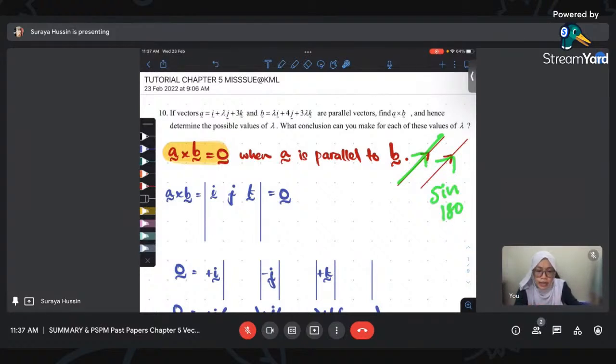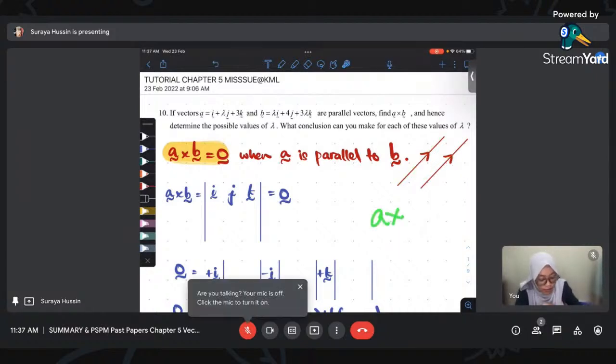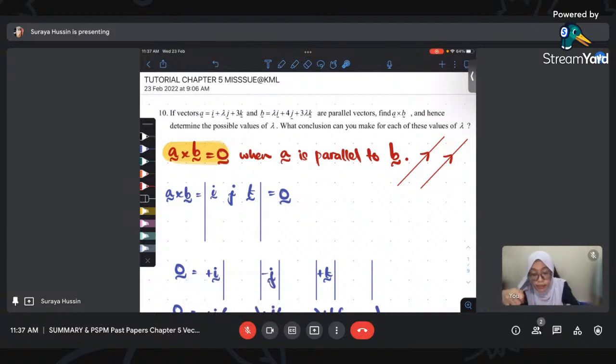Sine 180 degree dalam formula apa? Dalam formula vector. So it's easy to remember. Vector adalah apa? Vector mesti cross. A cross B is equal to 0. Simple. So yang ini sangat penting sebab kita perlukan dia dalam pengiraan kita. So you gotta know how to find A cross B first.